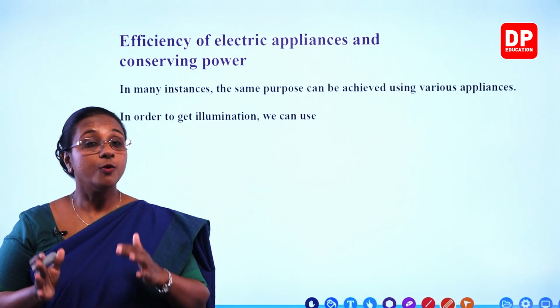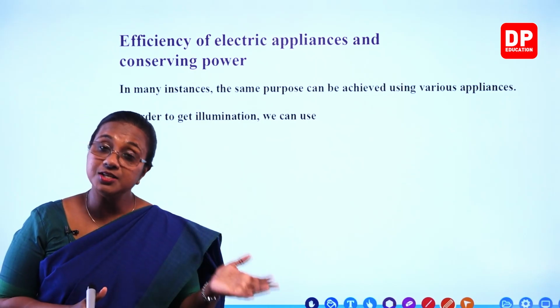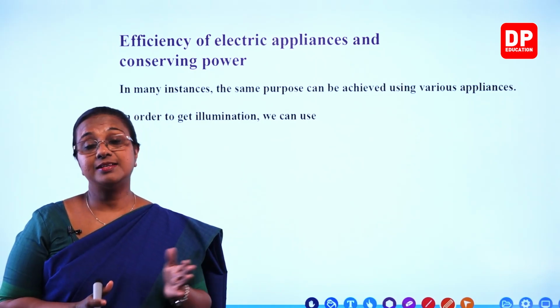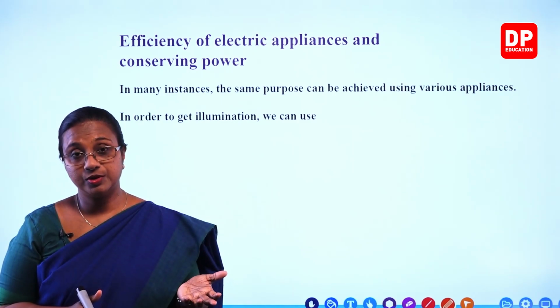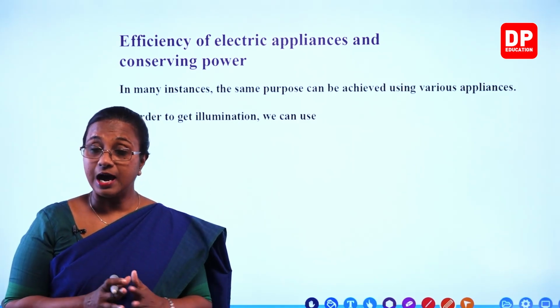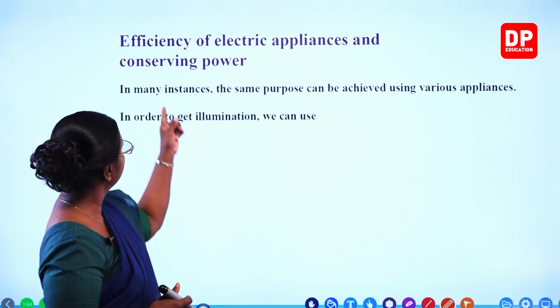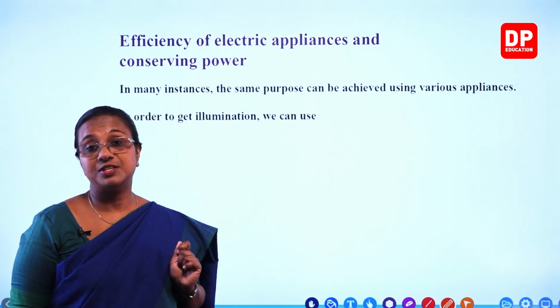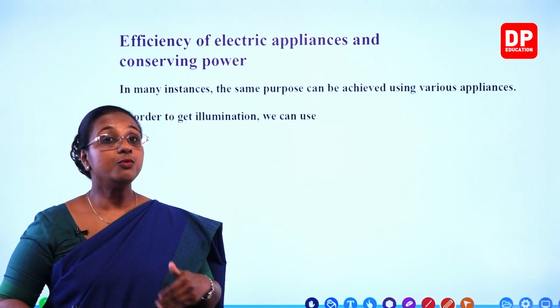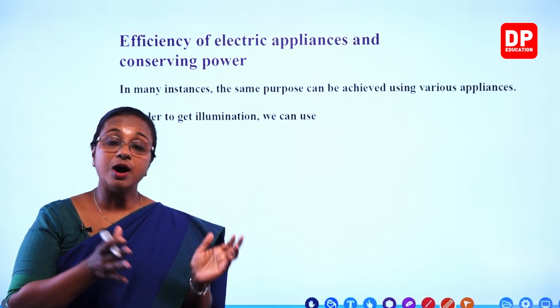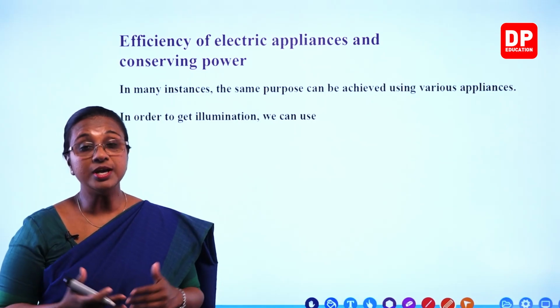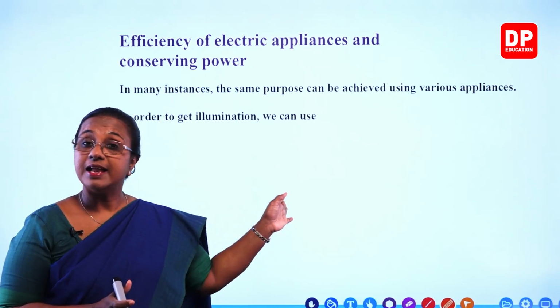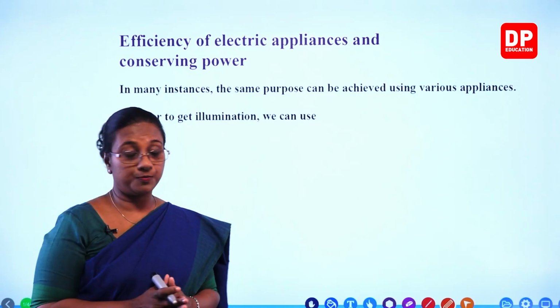Because of that, only part of the electricity consumed by the appliance will be converted to its output. So we will try to find out methods by which we can increase that efficiency, or how we can select a device that is more efficient when it comes to electricity consumption. That is what we will be discussing now.